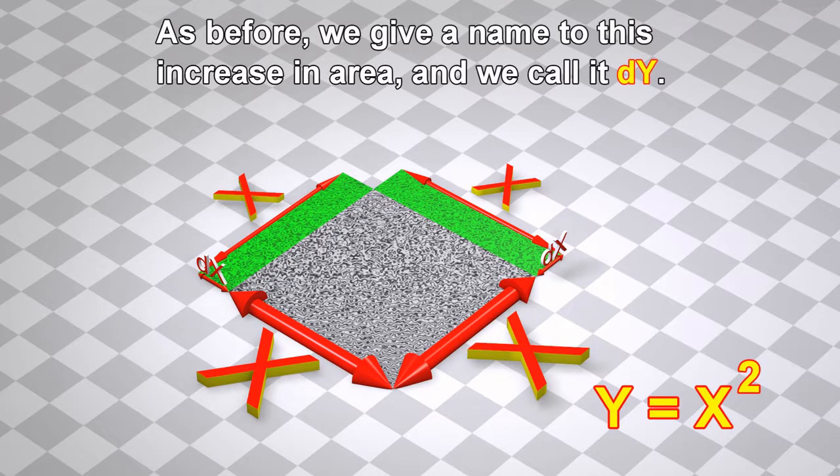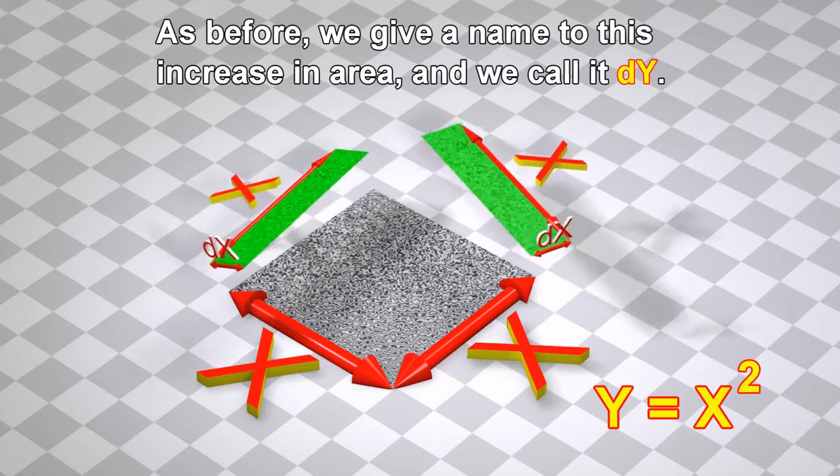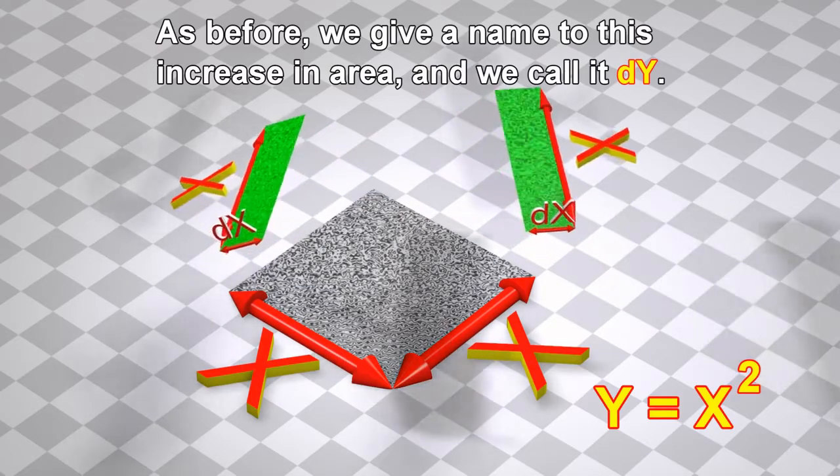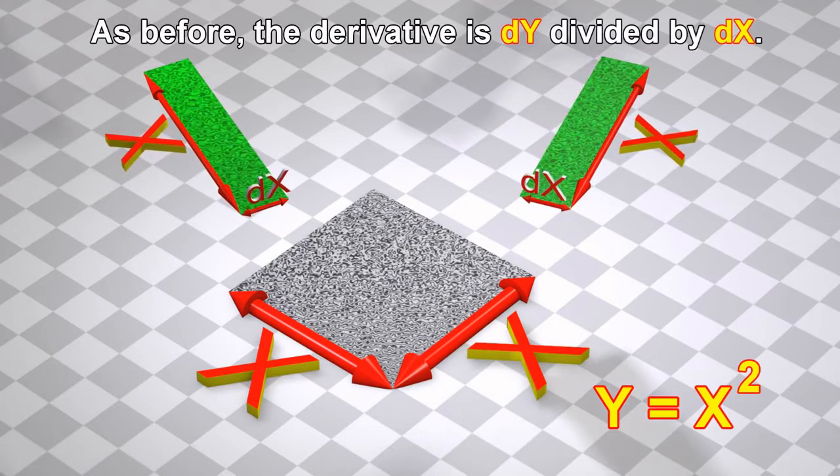As before, we give a name to this increase in area, and we call it dy. As before, the derivative is dy divided by dx.